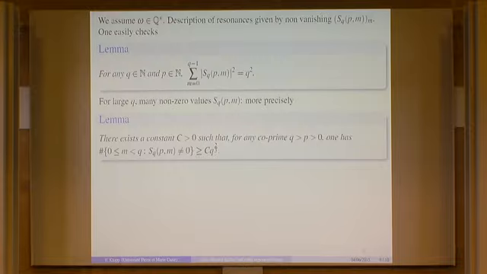This is the sum over L from 0 to Q minus 1. If you take the modulus square of this, and sum it over M, you get that this results in Q squared. You just have diagonal terms. Q squared because I did not normalize by 1 over square root of Q.